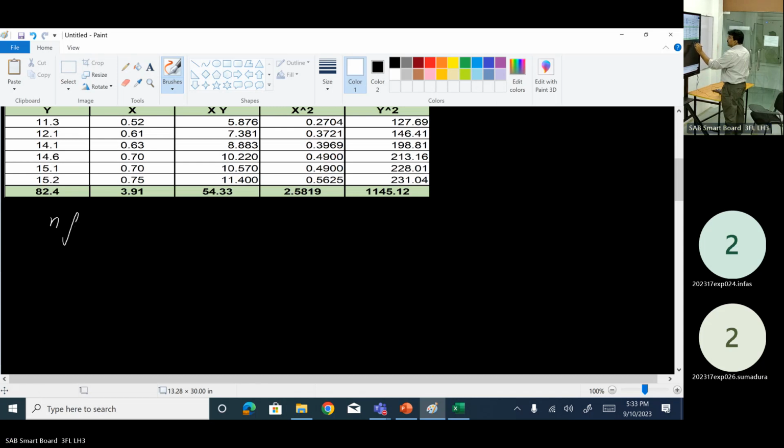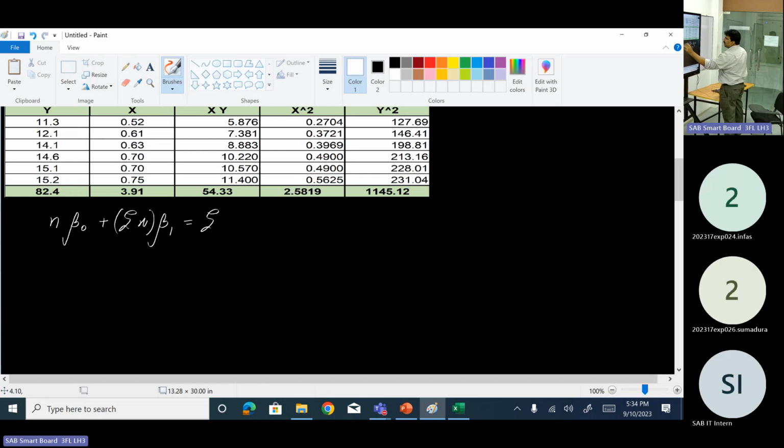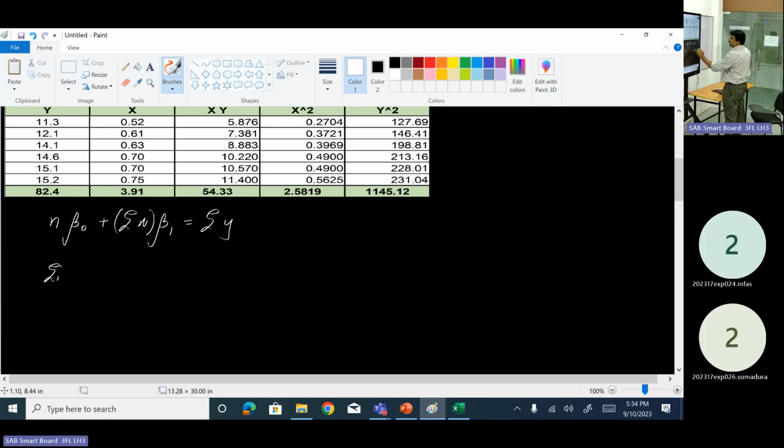Then n beta naught plus sigma x beta 1 equals sigma y, first equation. Then sigma x beta naught plus sigma x squared beta 1 equals sigma xy.